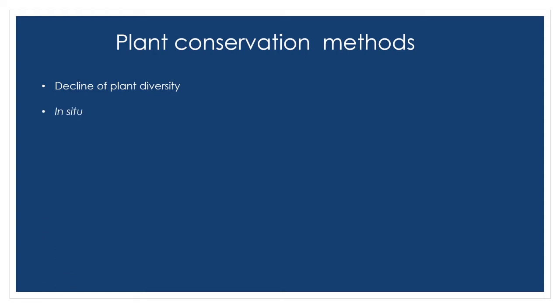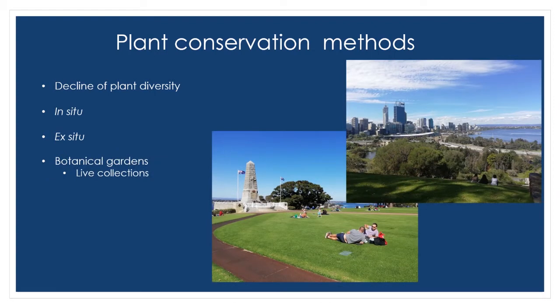One of them is in situ or on-site conservation, which basically means that we keep the species inside of their native environment. Next one is ex situ or off-site conservation, which can be considered a supplement for in situ conservation, because species in this type of conservation are not kept in the native environment.